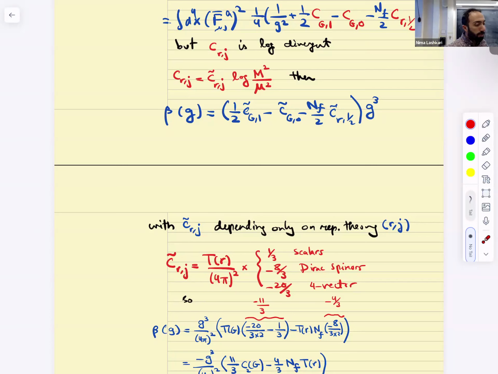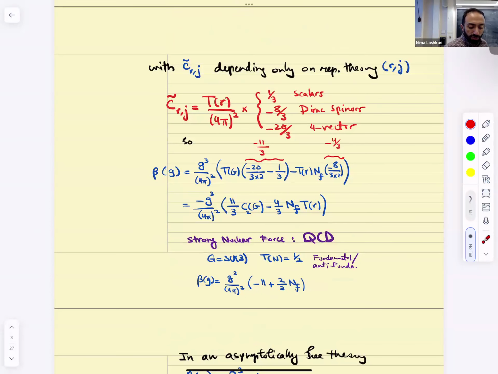Good. So once you plug them into the beta function and massage the equations, you get 11/3 C2 of G minus 4/3 N_F T of R. For example, what was C2 of G?